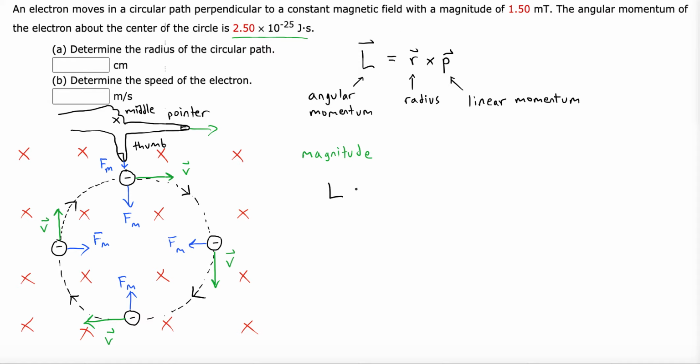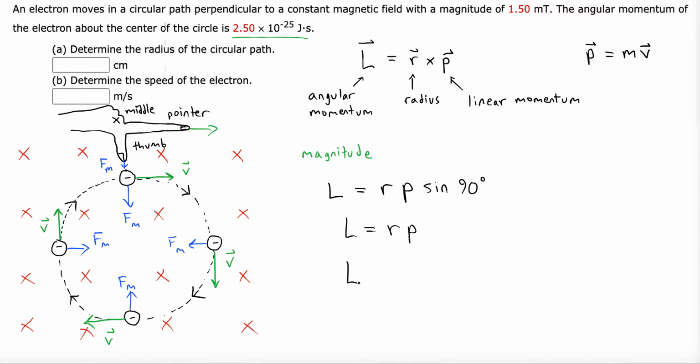To do that, we would use L equals R times P times the sine of the angle between them. But the angle between them is always going to be 90, so let's just write L equals R times P. And then P has a formula as well. It's mass times velocity.